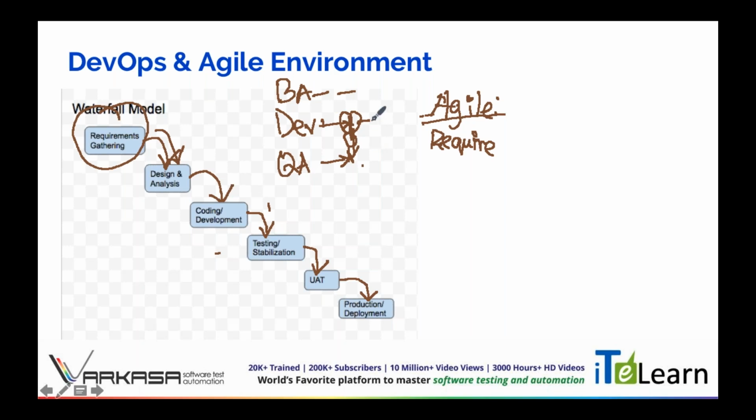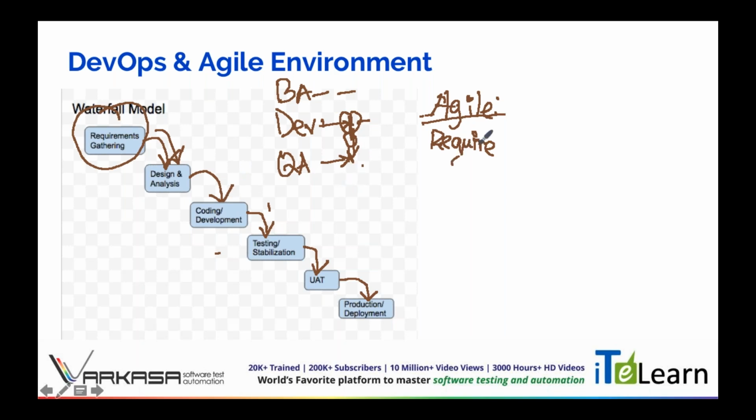Now, whenever a new requirement comes in, the dev team gets the requirement, and then they start working on it, with the design analysis, they implement the requirement and start coding on it again, and then eventually release it to QA again, and it gets tested and goes into deployment again.